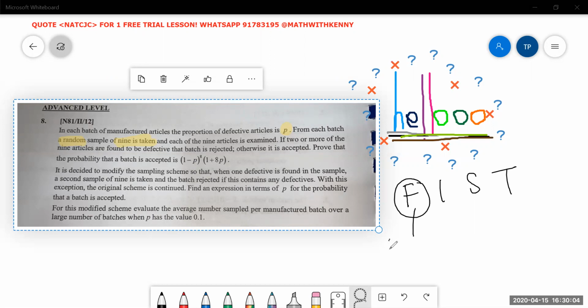What is F? Are you there? Hello? Are you there? Yep. Hi. What is F? FIST. These are characteristics of binomial distribution. What is F? For binomial? Hello? Are you with me? So what is F? I mentioned this before.